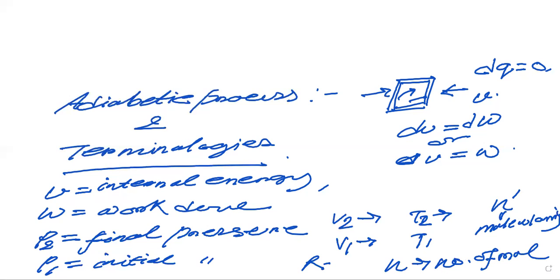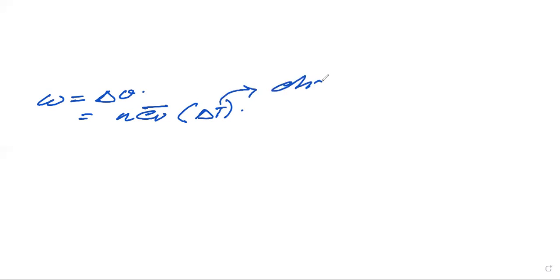Now coming to the next section, we can derive the equation. How will we derive it? We have the relation W equals delta U. We know that delta U equals n Cv bar into delta T, where delta T is the change in temperature.